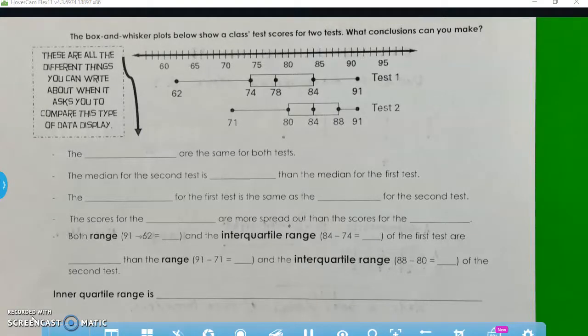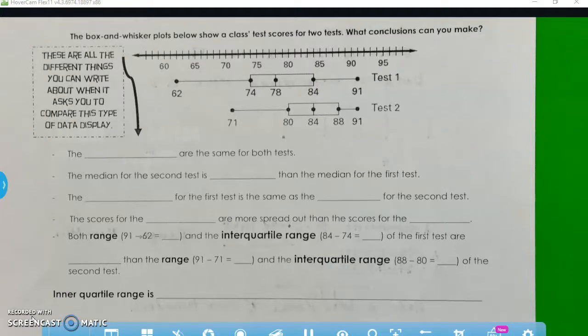In this particular set of questions, we have some blanks that we're going to fill in. For our analysis, we have two tests, test 1 and test 2. We obviously see a variety of grades. Let's take a look at our statements and see if we can fill in these blanks. The blank is the same for both tests.